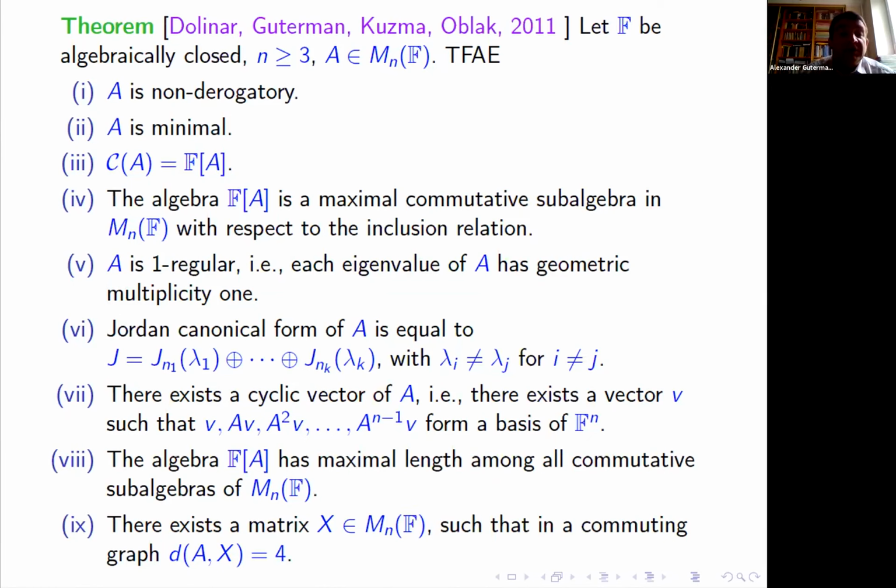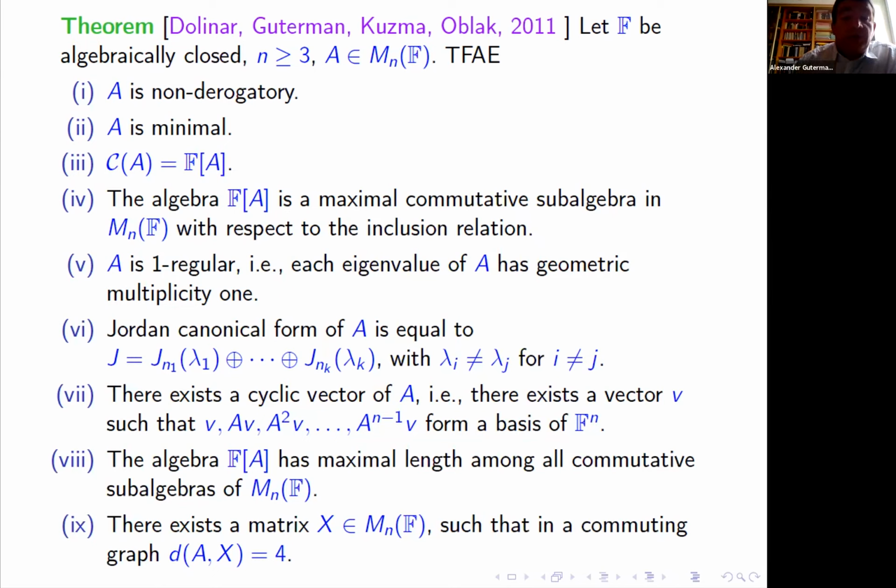So a non-derogatory matrix is nothing but a minimal matrix. This is equivalent to the fact that the centralizer is equal to the set of polynomials in A. The fact that f of A is a maximal commuting subalgebra. The fact that A is one regular, meaning that each eigenvalue has geometric multiplicity 1.